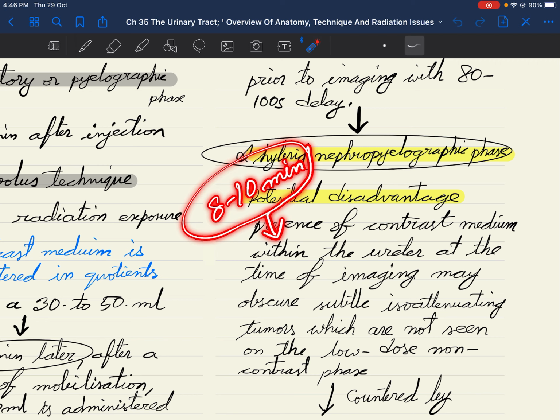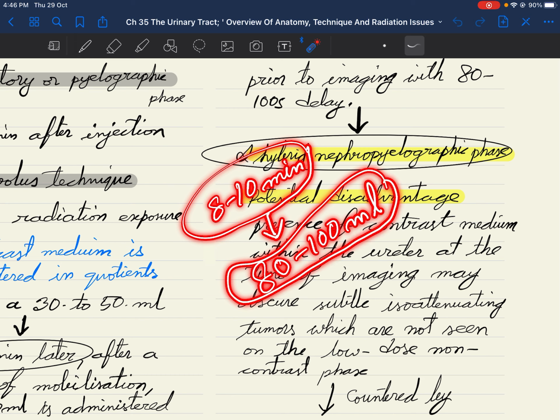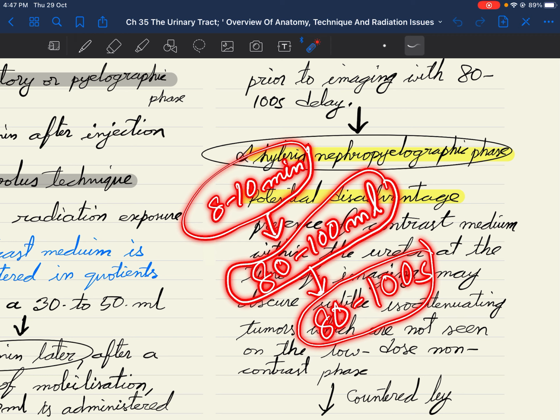And what amount is used? 80 to 100 ml is used. And after administration of 80 to 100 ml, how much time do we wait? We wait for 80 to 100 seconds. So 8 to 10, 80 to 100, 80 to 100. So we can memorize.